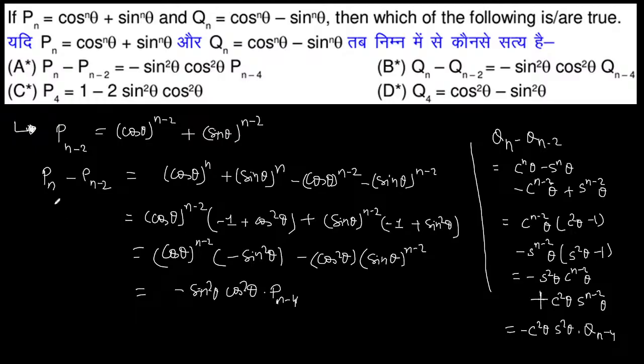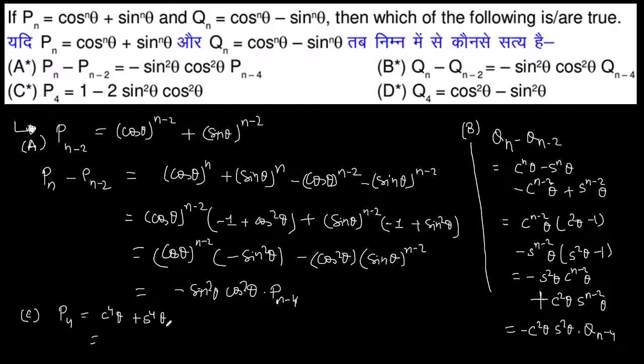Okay, so this is option A, this is option B. Option C is what? P4. If we go with option C, P4 is nothing but cos 4 theta plus sin 4 theta.